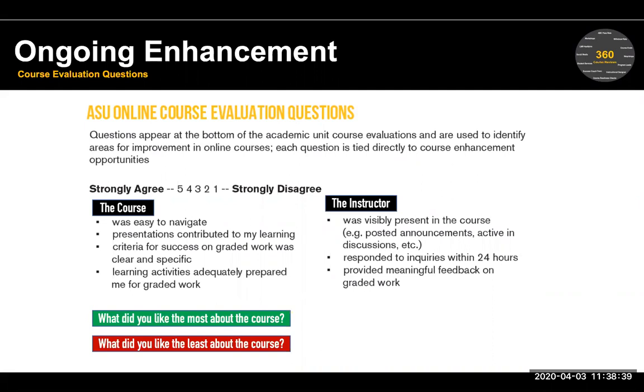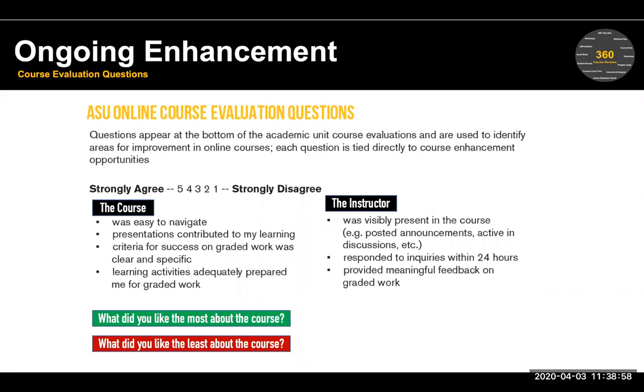And so you can see some of the questions on there. They're either related to the course design, or they're related to the instructor. And these questions are directly related to the best practices for teaching online and some of those critical elements of course design that we promote throughout our quality assurance.